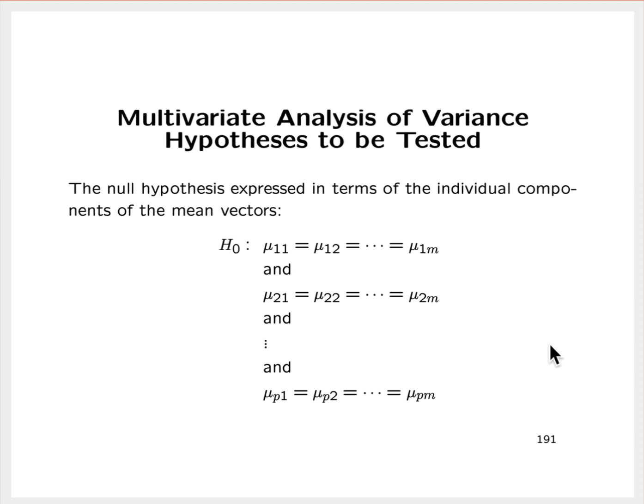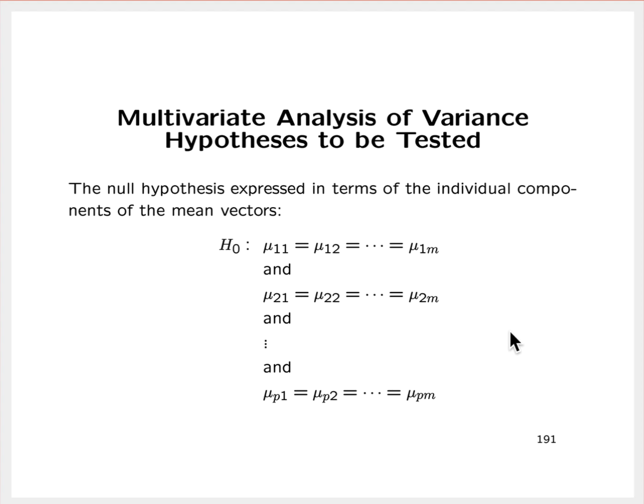Now, another way to think about the null and alternative hypotheses, and again, these are equivalent ways of thinking about the hypotheses, equivalent with the first two representations that we've given.